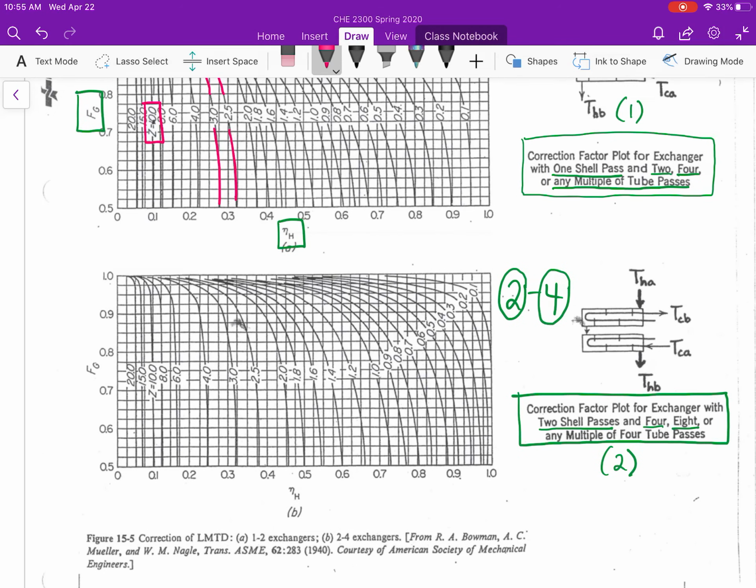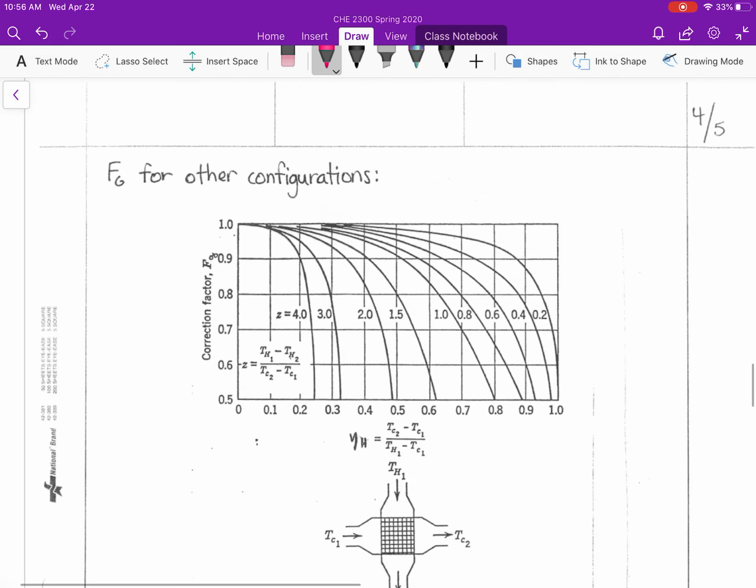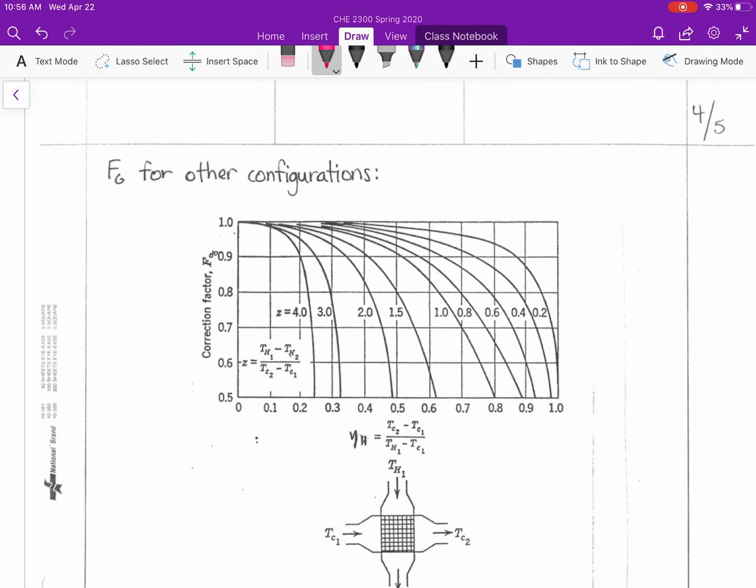Okay, so these are for shell and tube heat exchangers. I can have a similar plot for cross-flow heat exchangers.